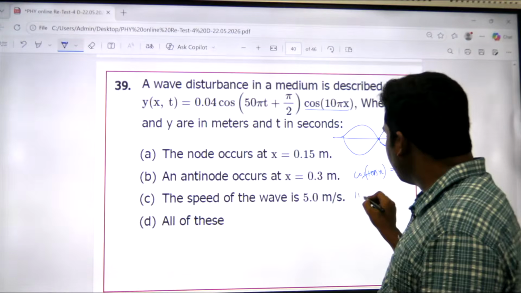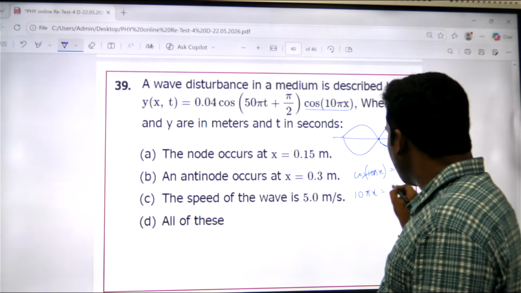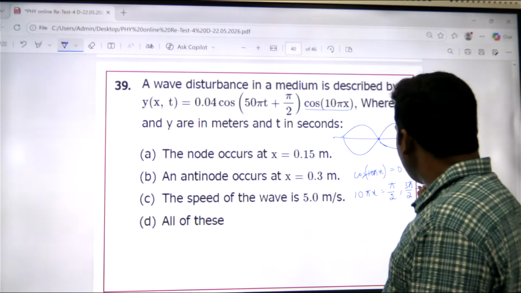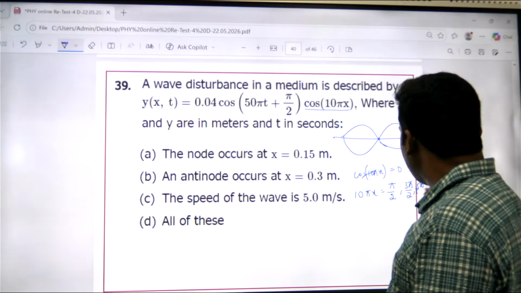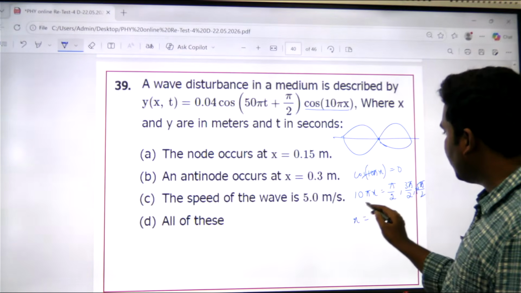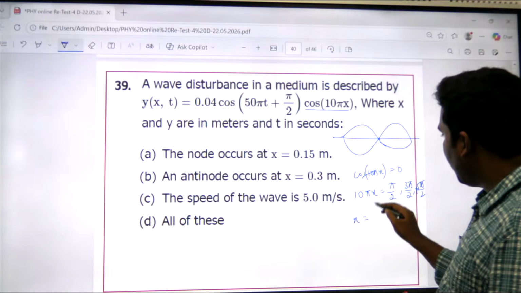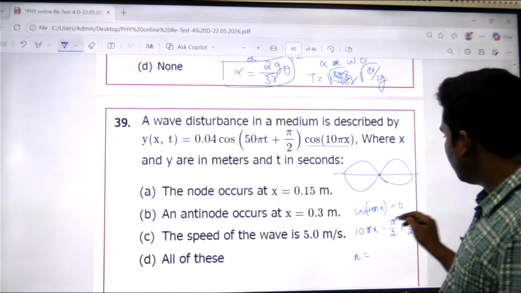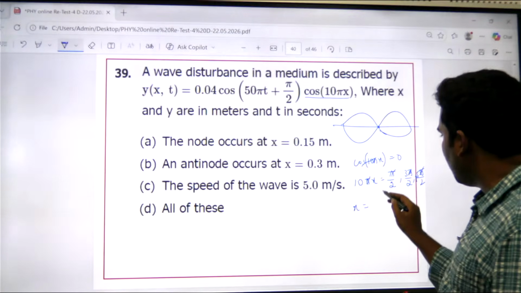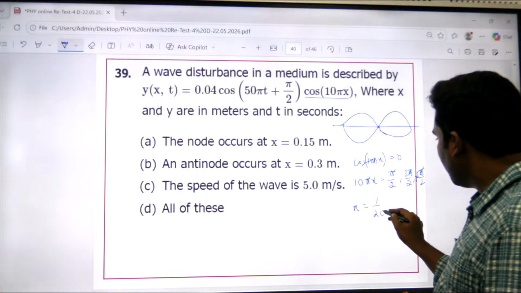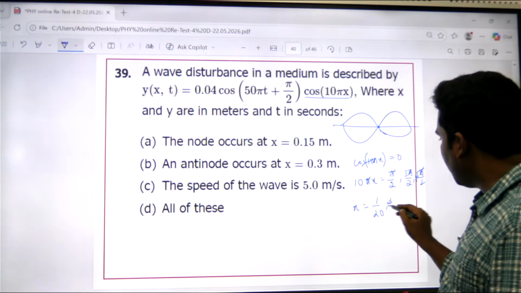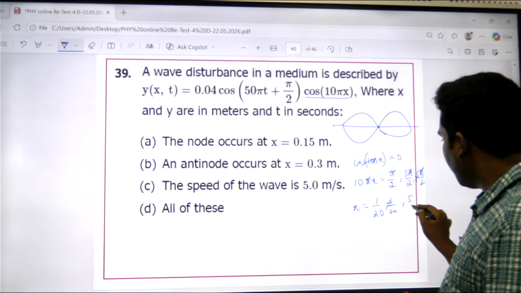In that case, 10 pi x can be equal to pi by 2 or 3 pi by 2 or 5 pi by 2 and so on. If you calculate it, what x values do you get? The pi gets cancelled out, so x is equal to 1 by 20 or 3 by 20 or 5 by 20.